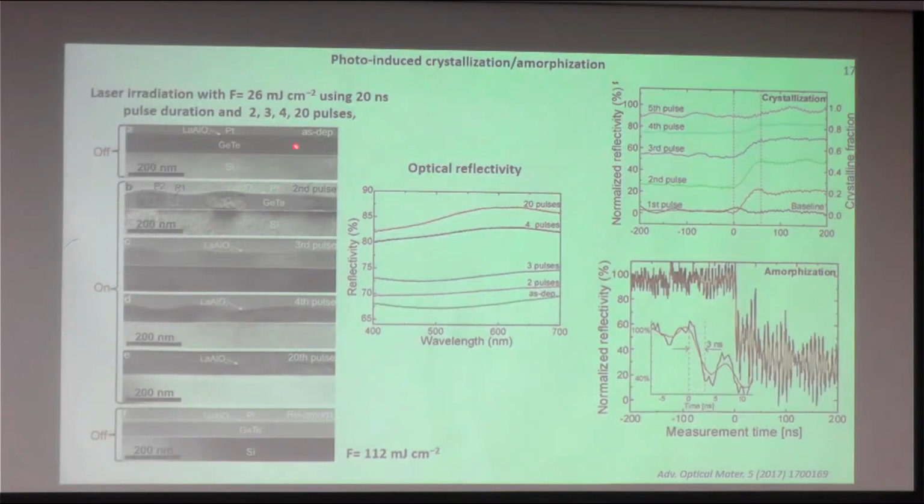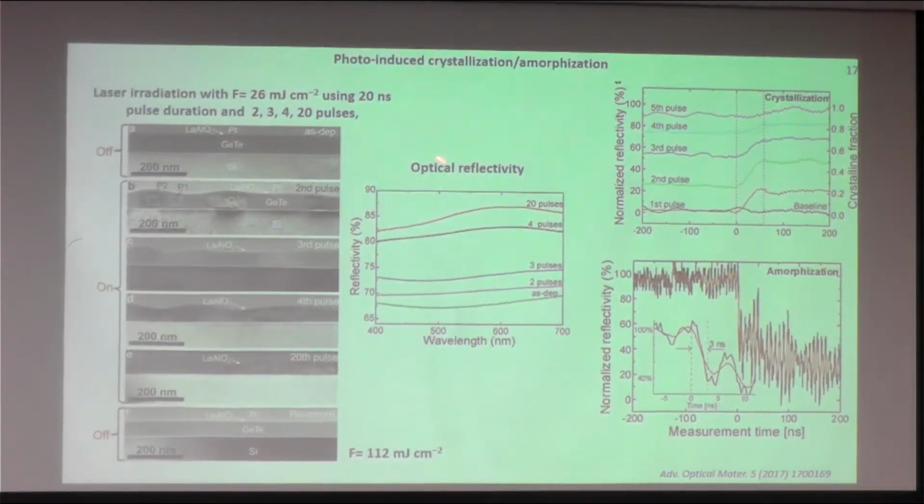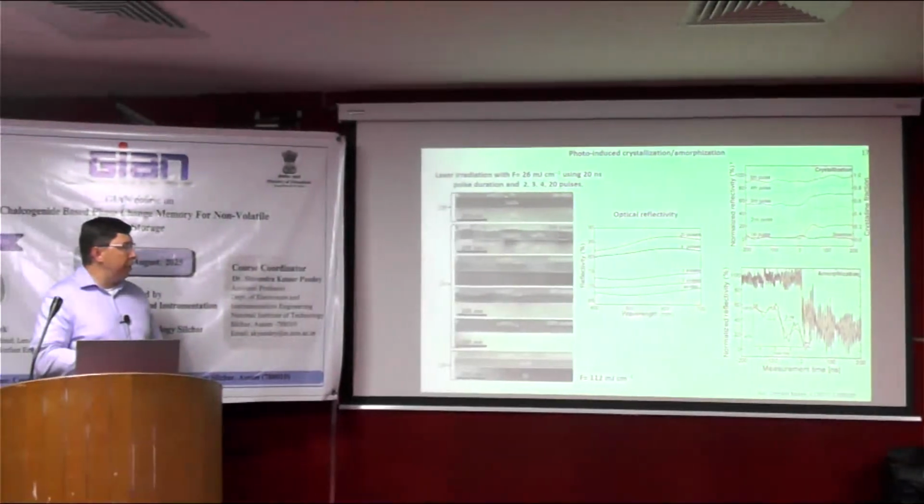Like here, as deposited amorphous phase, after 2 pulses, you have some crystallites, then further, and you can crystallize your phase. And what you see is the change in the properties of your thin film. This is the amorphous state. This is optical reflectivity in dependence on the wavelength.